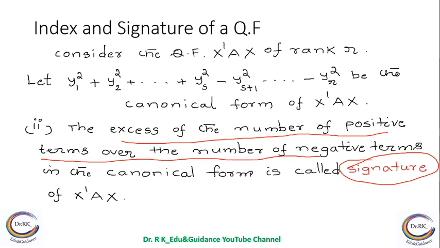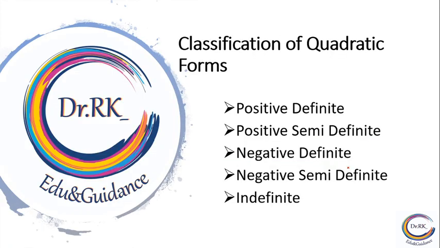Now, this is an important thing: classification of quadratic forms. Quadratic forms are classified into types: positive definite, positive semi-definite, negative definite, negative semi-definite, and indefinite. What is the base for this? When a quadratic form is given and we want to classify whether it falls under positive definite, positive semi-definite, negative semi-definite, or indefinite, how do we do it?